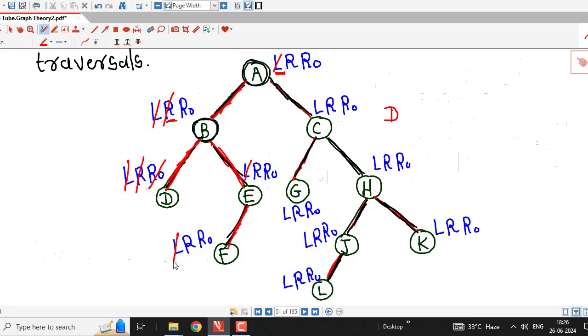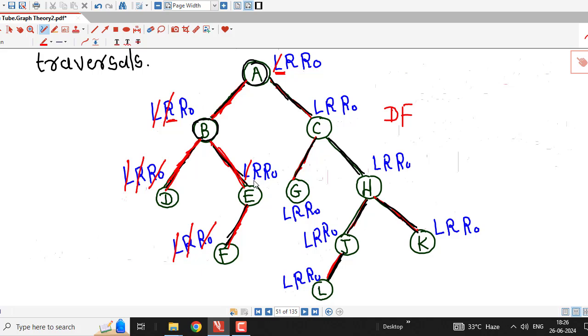Here also we have to go to the left of F, but there is no left subtree. Then we have to go to the right of F. There is no right subtree. So we process capital F. Root means we have to write that root in our traversal, and then we come back in the same direction.